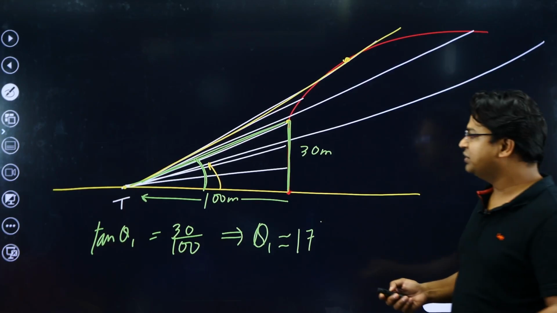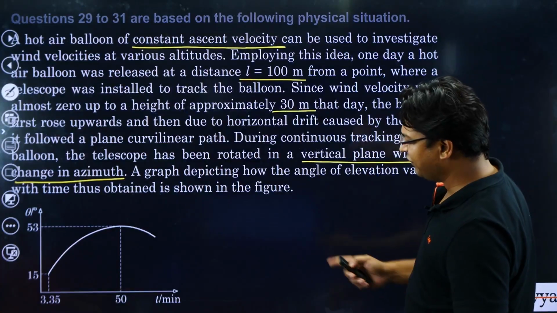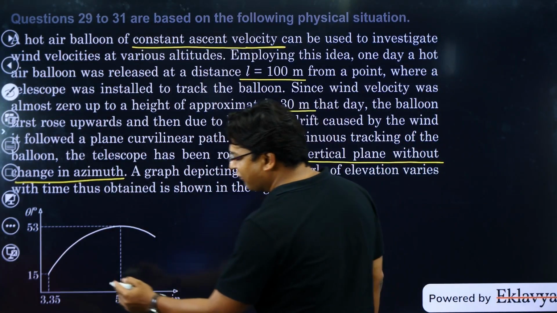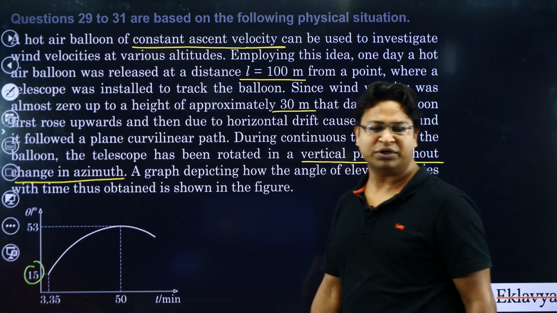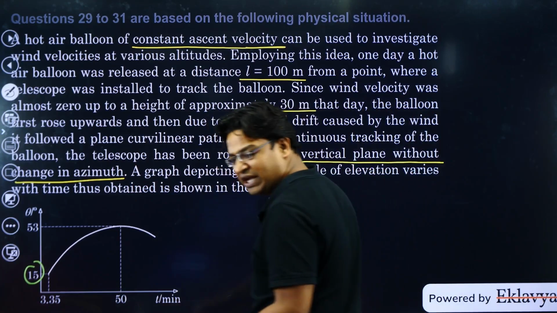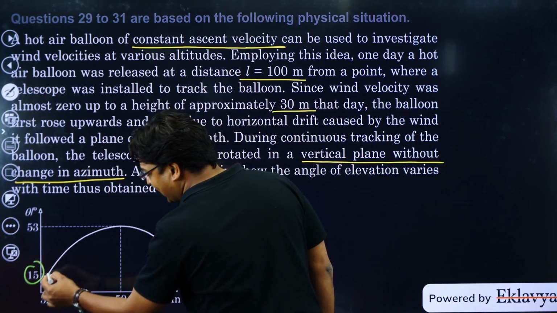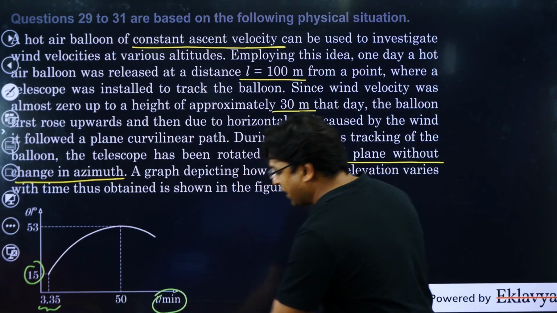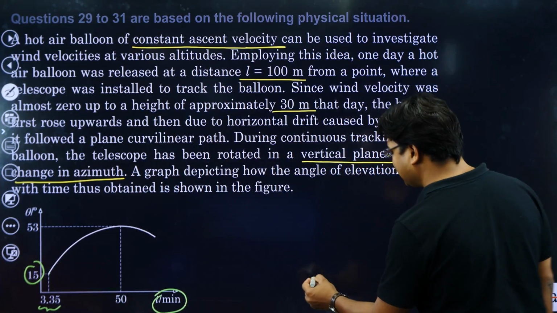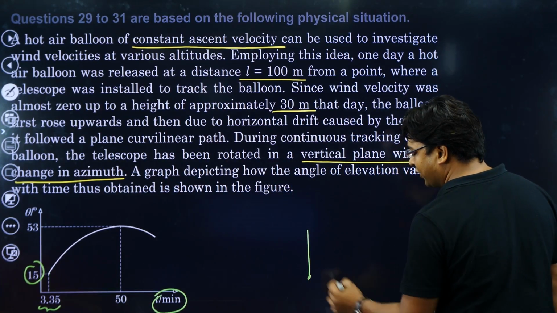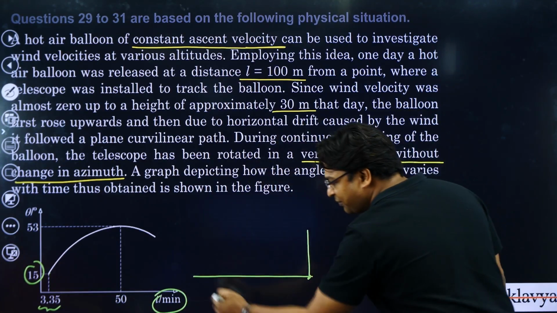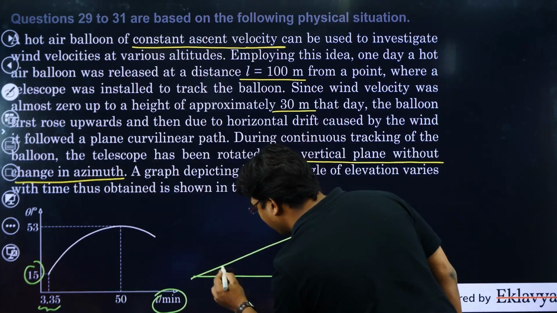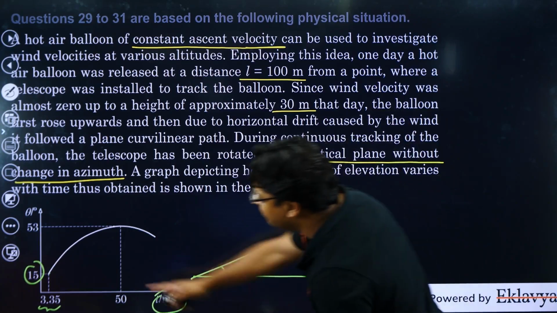Now when I come back to this graph, I see that the graph begins from 15 degrees. Do you notice that? We are also told that the angle of 15 degrees was attained after 3.35 minutes. So once the balloon started rising, after 3.35 minutes, the angle was 15 degrees.